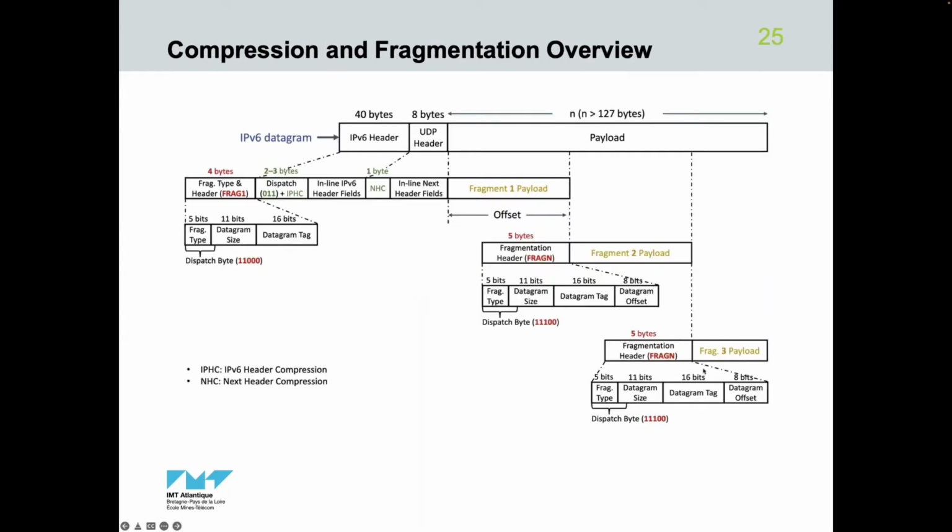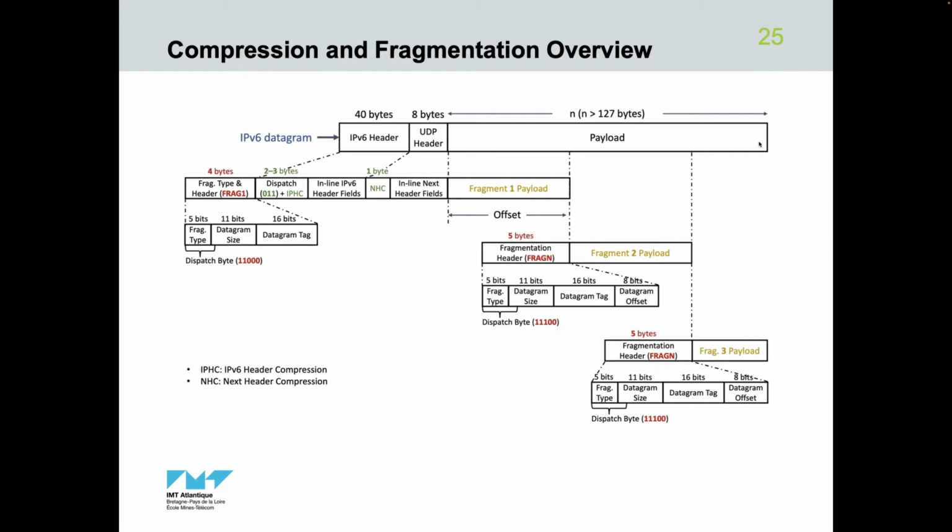And here in this figure, the whole process of fragmentation and compression of an IPv6 datagram is illustrated. So this is an overview. Basically, what we have here is an IPv6 datagram, a large packet.